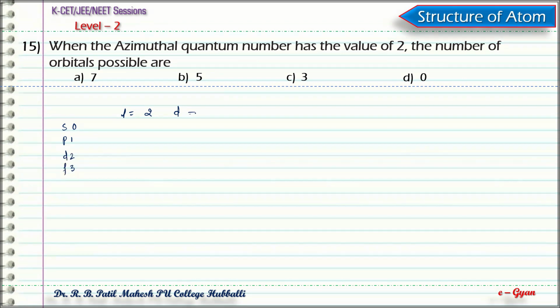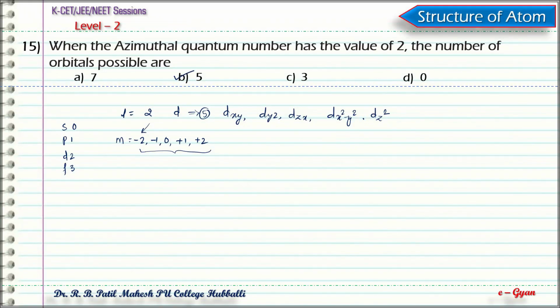And d has a total of 5 orbitals: dxy, dyz, dzx, dx square minus y square and dz square. In another way, with respect to magnetic quantum number, m values are minus 2, minus 1, 0, plus 1 and plus 2. So again there is a total of 5 different orbitals. The correct option for question number 15 is B, 5.